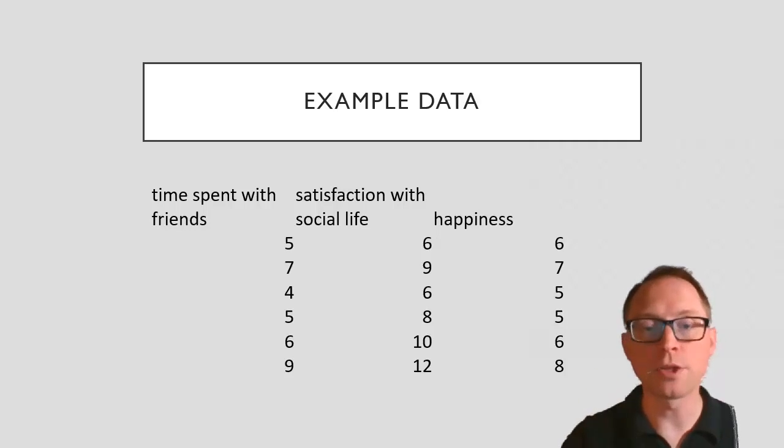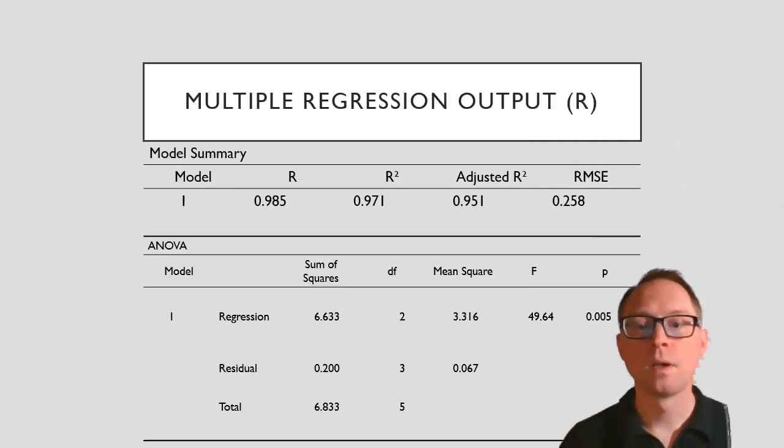This is the actual data that you would get from a multiple regression. Here's the output of what a multiple regression looks like. If you remember, last time we talked about R, capital R, as a statistic. What does R tell us?